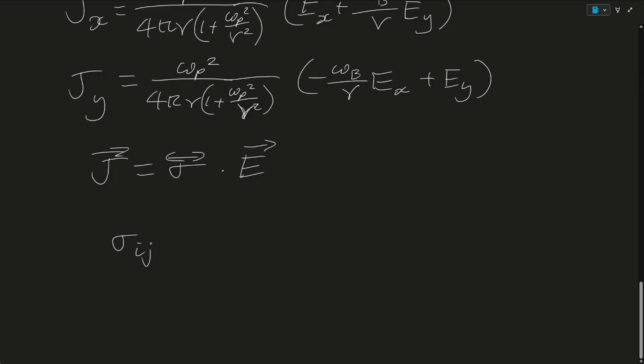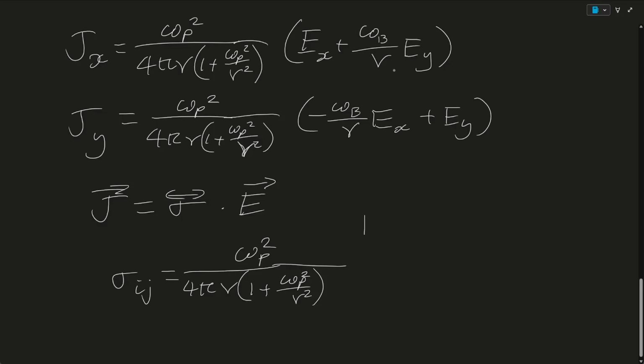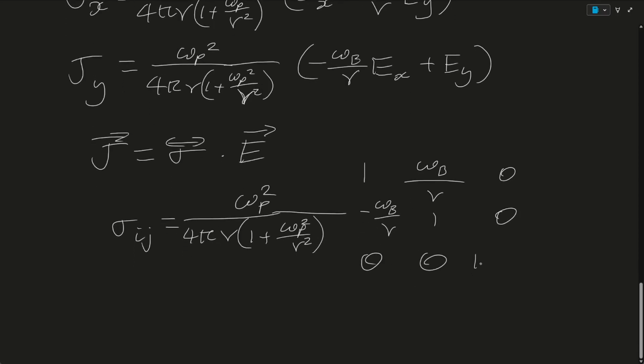So we can write sigma ij in our final form, omega p squared over 4 pi nu, 1 plus omega p squared over nu squared, over omega p squared, times the matrix: 1, omega b over nu, 0; minus omega b over nu, 1, 0; 0, 0, 1 plus omega p squared over nu squared.